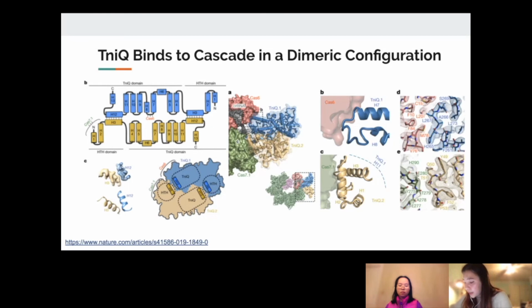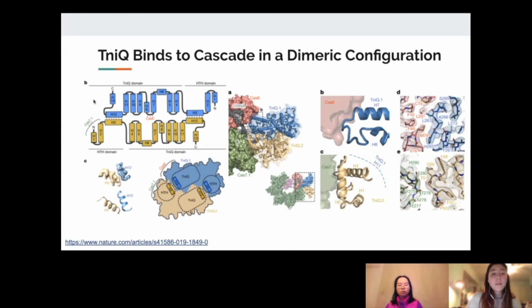A head-to-head domain is usually used for nucleotide binding or nucleic acid recognition, but it can also be repurposed for protein-to-protein interactions. So the head-to-head proteins that are indicated on each part of the dimer help to bind the TNIQ molecules together. As we can see here, the alpha helixes of H3 and H12 are bound on this end of the domain, and the H12 and H3 are also bound on this side.